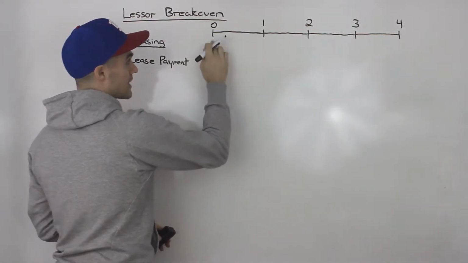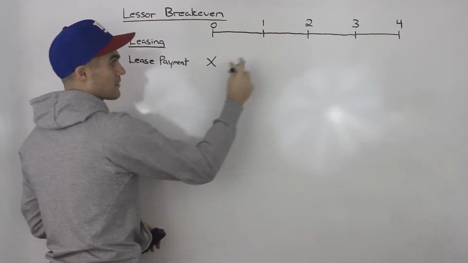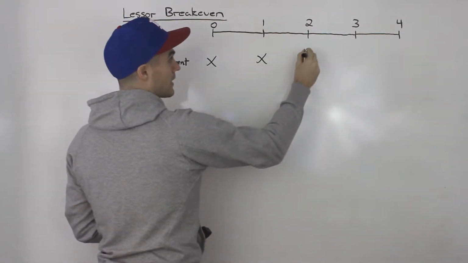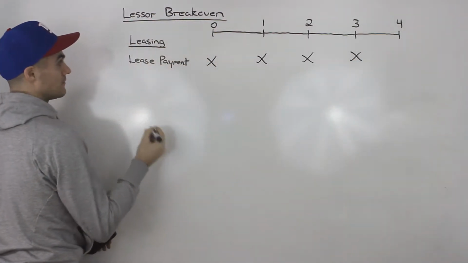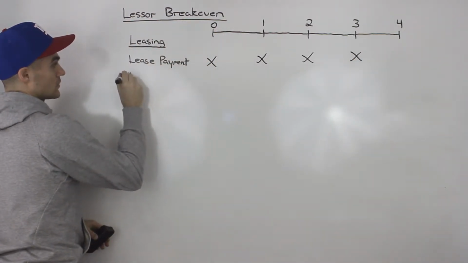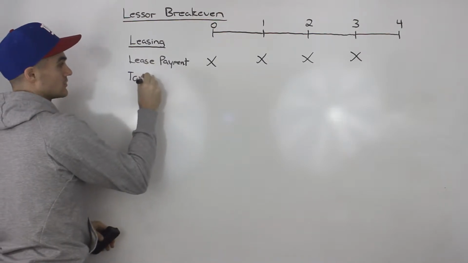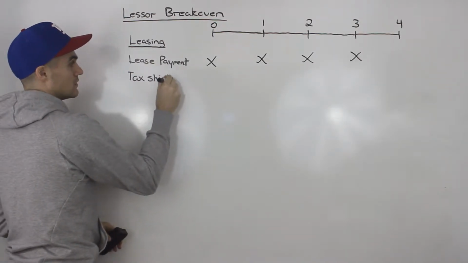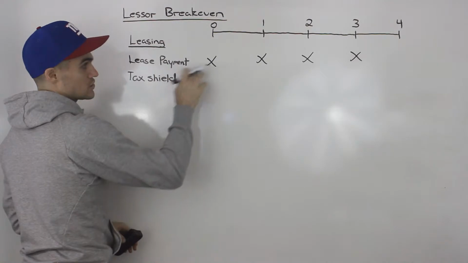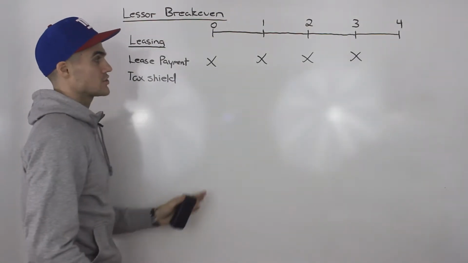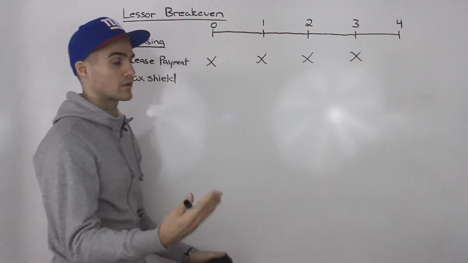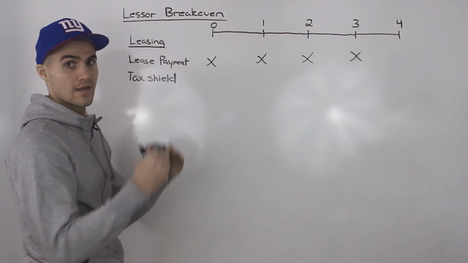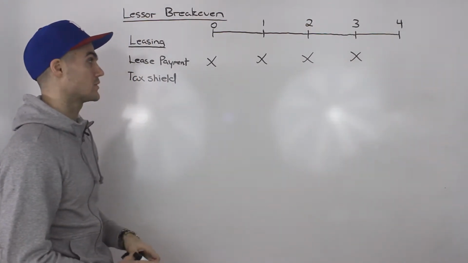So we know in time 0, there's going to be a lease payment X, time 1, X, X, and X as well. And then there's also going to be a tax shield associated with each of these lease payments. And that tax shield is going to happen at the end of each year because that's when we're going to be filing our taxes. That's when our taxes will be reduced.